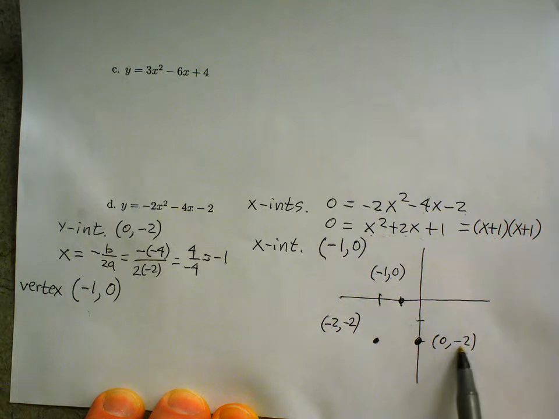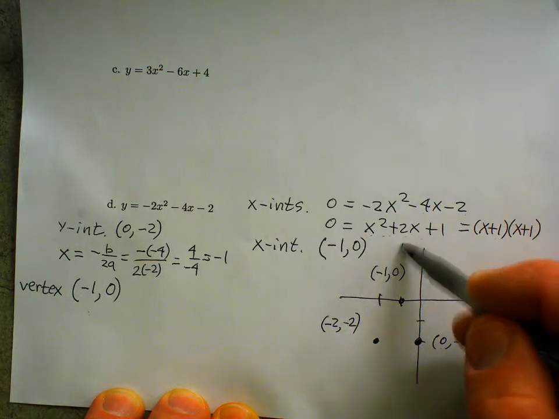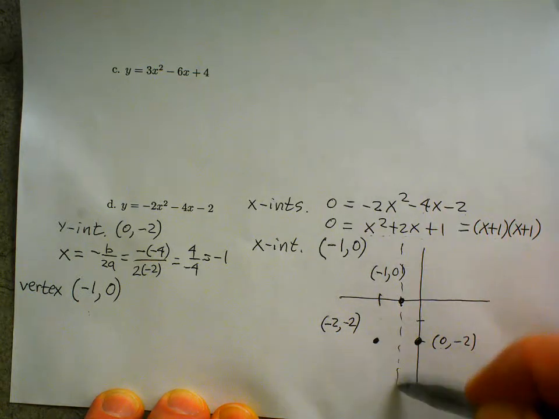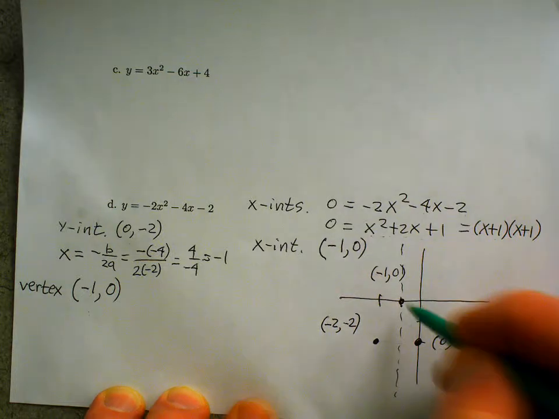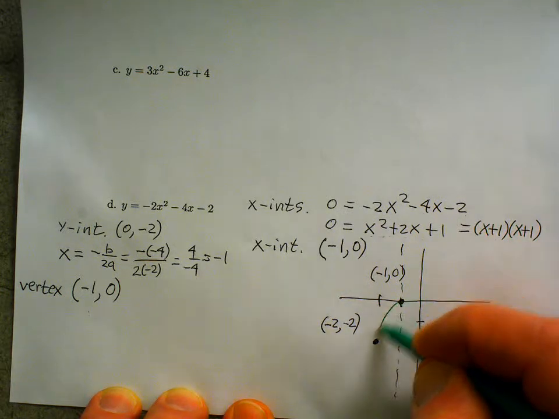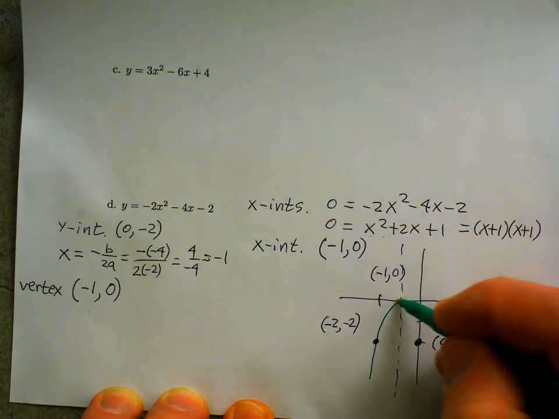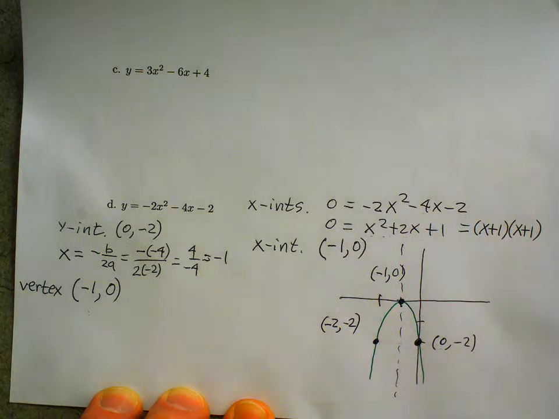Since the y-coordinate of the y-intercept is -2, and we have the vertical line of symmetry, then equidistant from the line of symmetry to the left is another point, which is -2, -2. So that's enough to get a sketch of the graph of the parabola.